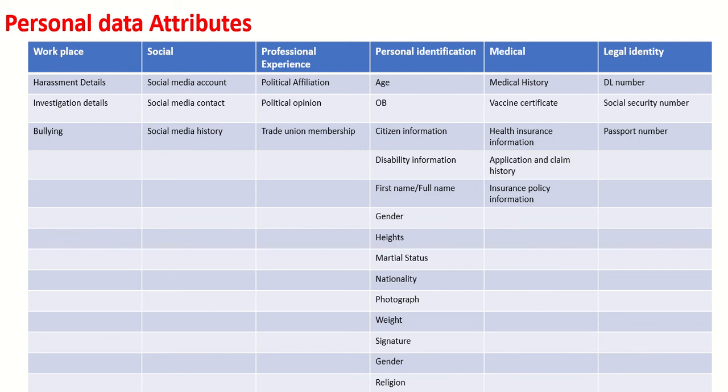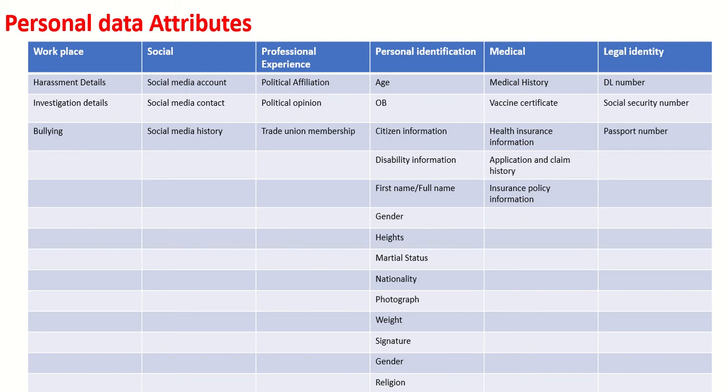That's why these details also come under personally identifiable information, or simply personal data. Now, talking about the social category, we mean your social media account, its details, your social media contact details, and the social media history.